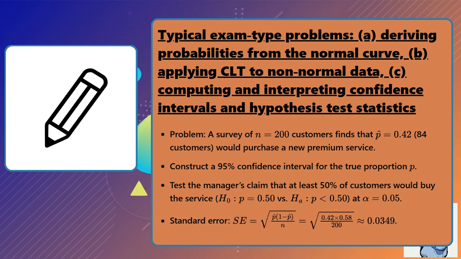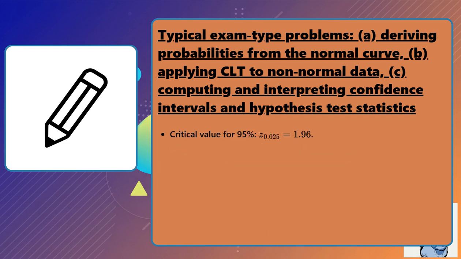Standard error equals the square root of p hat times (1 minus p hat) divided by n, which is the square root of 0.42 times 0.58 divided by 200, approximately 0.0349. The critical value for 95% confidence is 1.96.